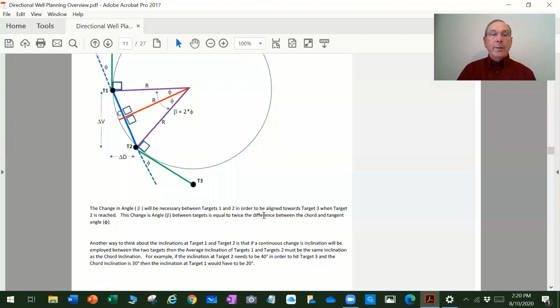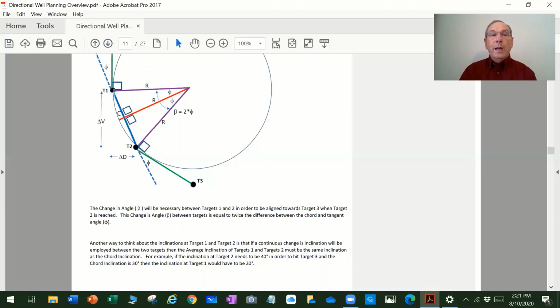Now, another way to think about this same problem is that since it's a continuous change in inclination, the average of the inclinations at target number 1 and target number 2 has to equal the inclination of the chord. I've said that the chord inclination is 30 degrees, this angle is 40 degrees, and we just showed that this would be a 20-degree angle.